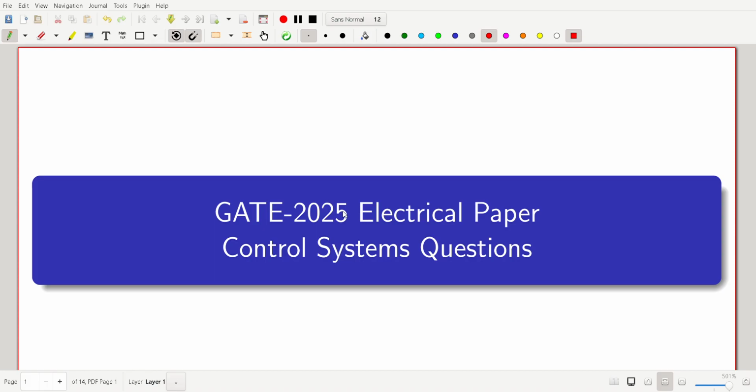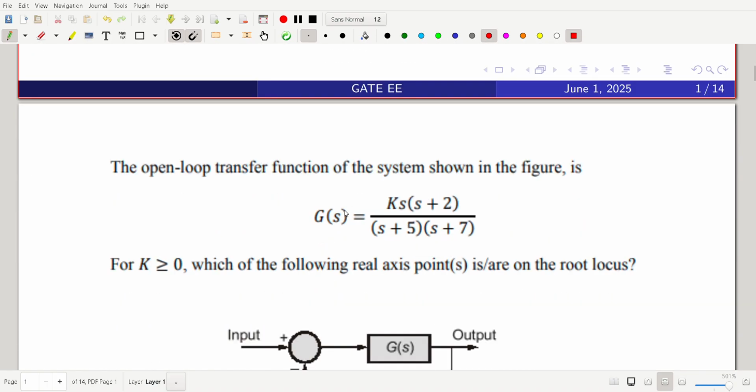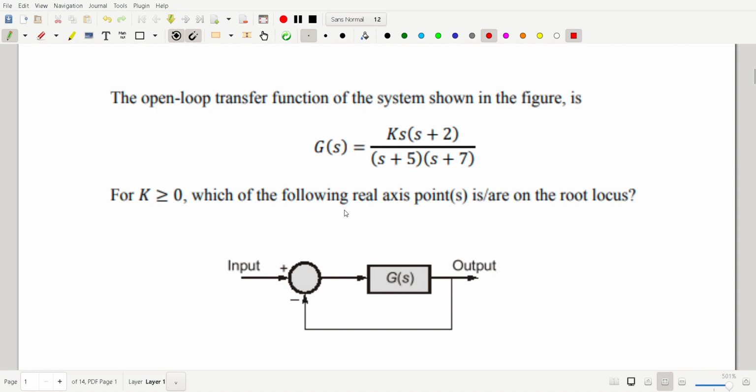All right, let us try to solve this question and explore the related theory and concepts required. This question was asked in the 2025 GATE electrical paper, and they're saying that the open loop transfer function of the system shown in the figure is G(s) equals K times (s plus 2) divided by (s plus 5) times (s plus 7).